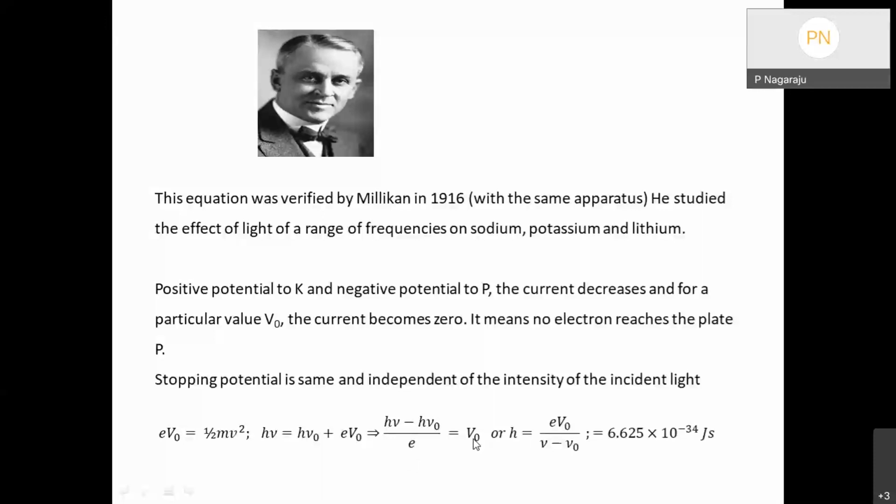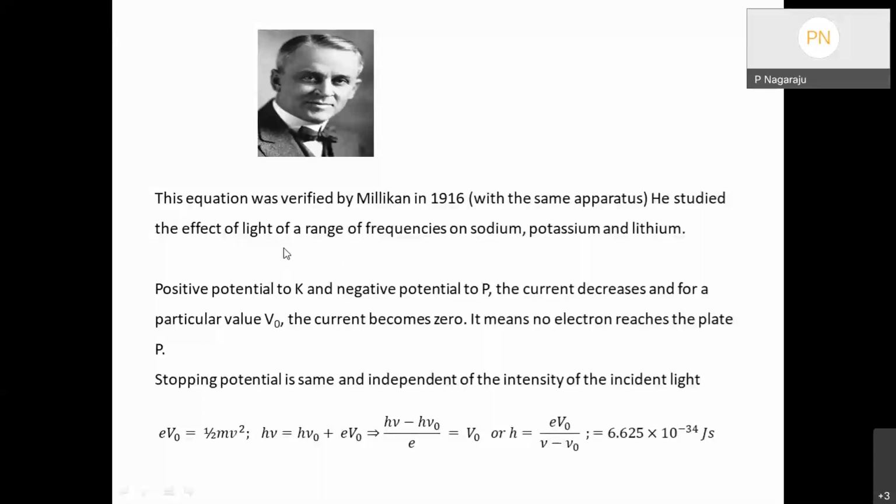That is the stopping potential. And h is equal to eV naught over nu minus nu naught. Suppose we plot a graph, you know that we get the slope, and the slope is nothing but Planck's constant, which is found to be 6.625 times 10 raised to minus 34 joule second.